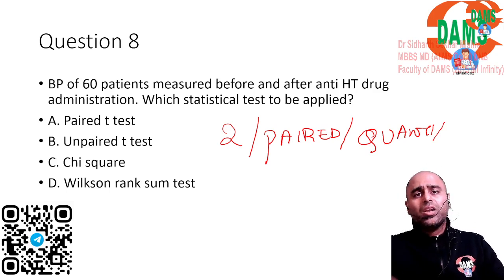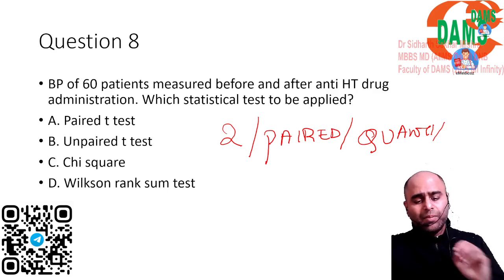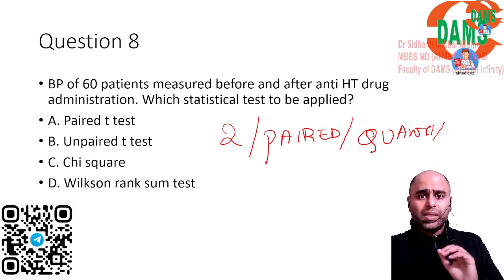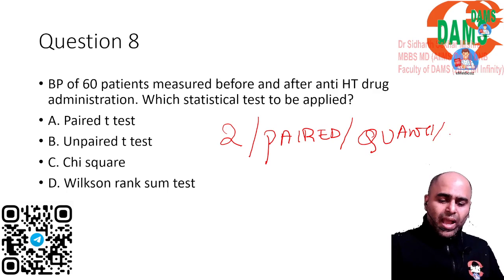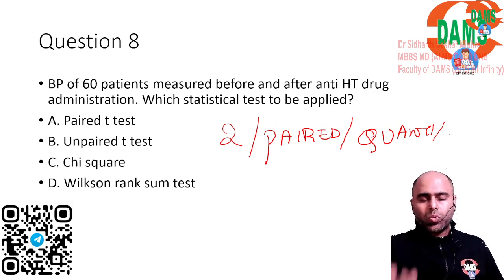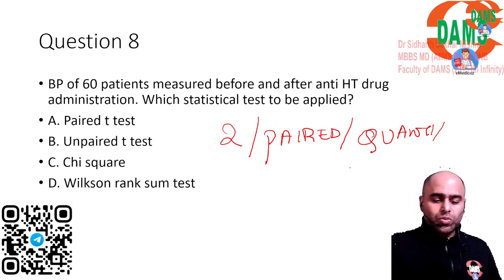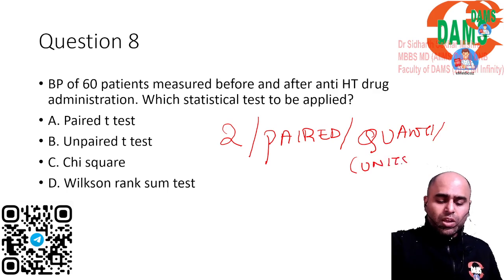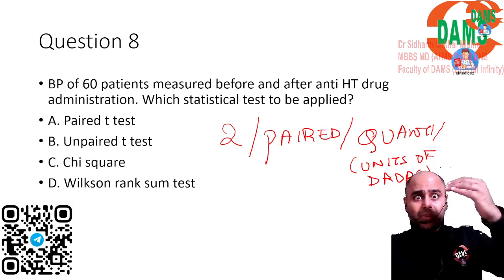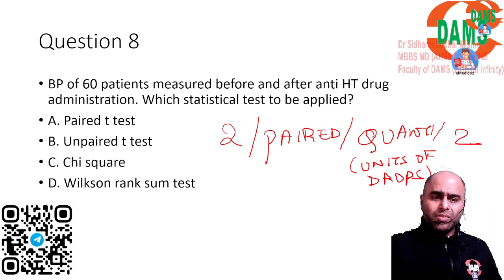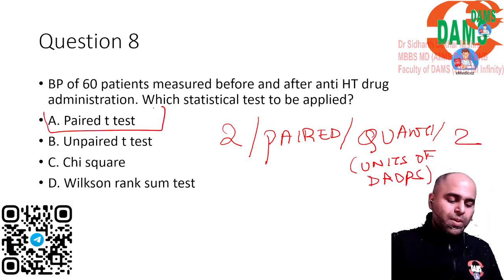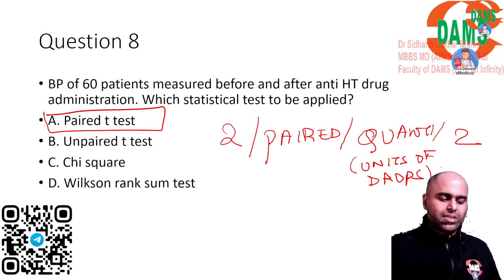So we are taking BP as quantitative, because for us the units of drop of blood pressure are important. How many mm of mercury has it dropped? So algorithm number 2, and the answer becomes paired t-test.